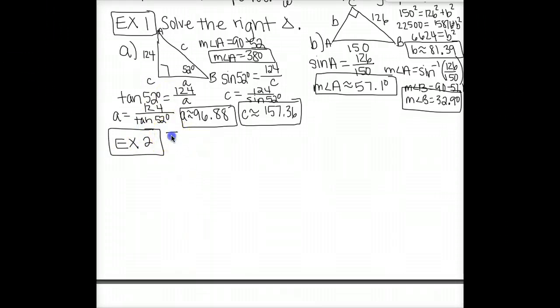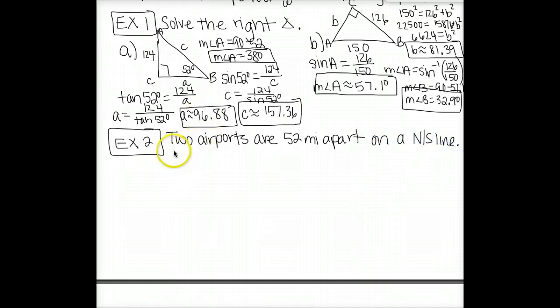So the situation we have here is two airports that are 52 miles apart on a north-south line. The south airport sees a plane at a bearing of north 34 degrees west.